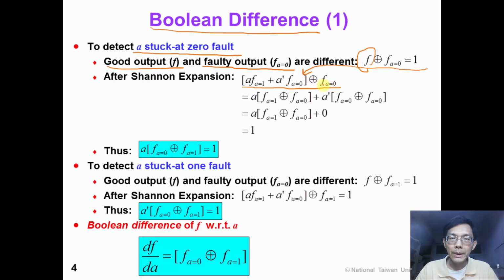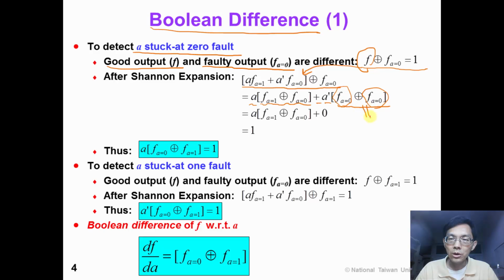And we can expand this expression as a times this term, the negative cofactor exclusive-OR the positive cofactor, plus a prime times this term, which is the negative cofactor exclusive-OR the negative cofactor.